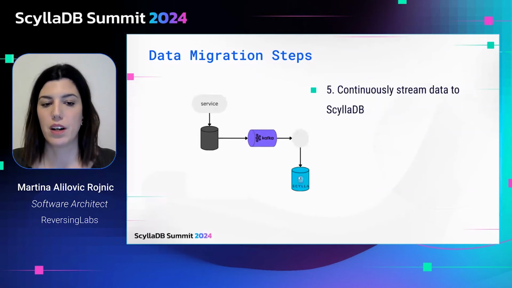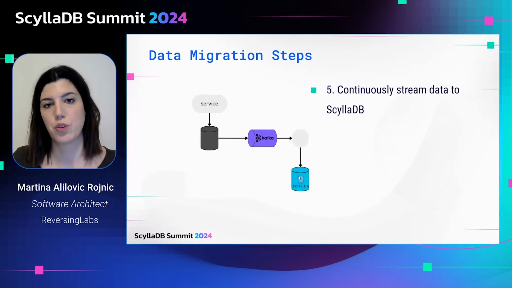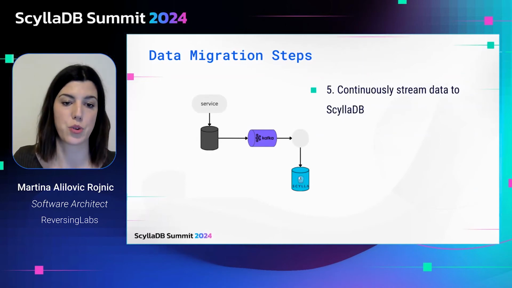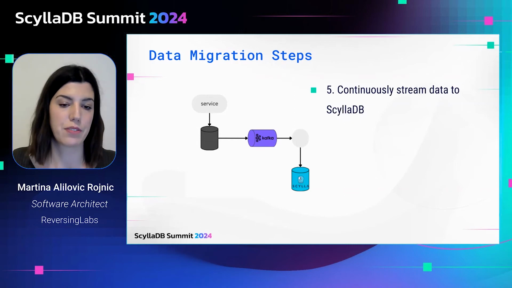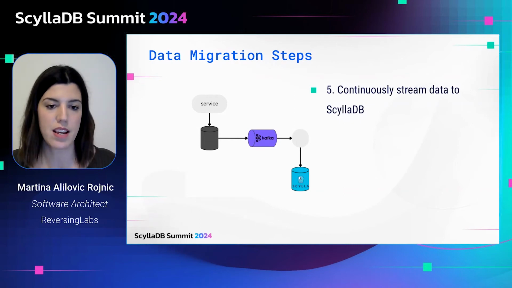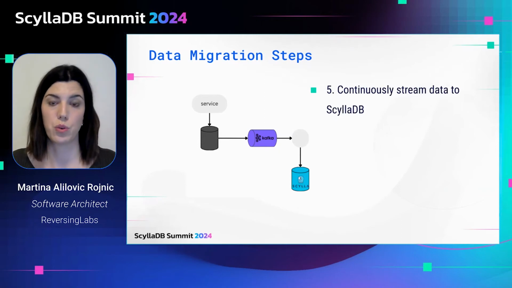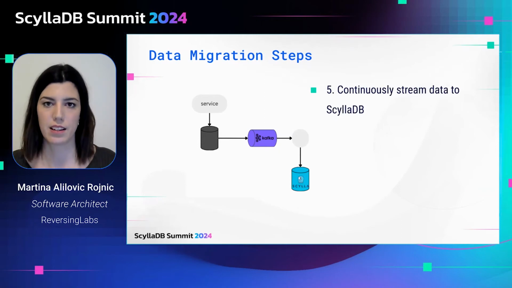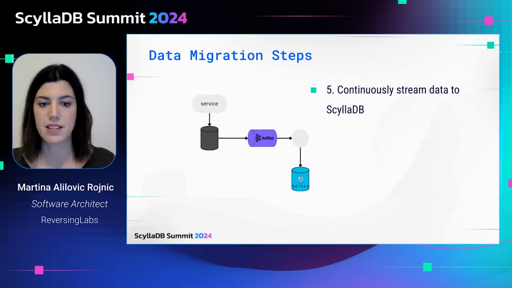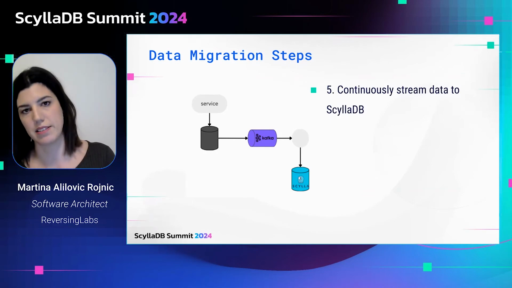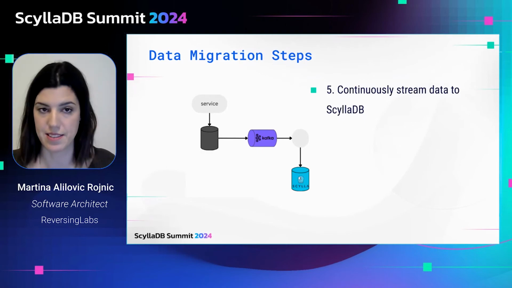Then we set up a continuous pipeline, a service that was listening to this Kafka topic for updates and loading the data to ScyllaDB. After this backlog was processed, these two databases were completely in sync, with a negligible delay between the data in the old database and in Scylla. So that's pretty straightforward and simple.